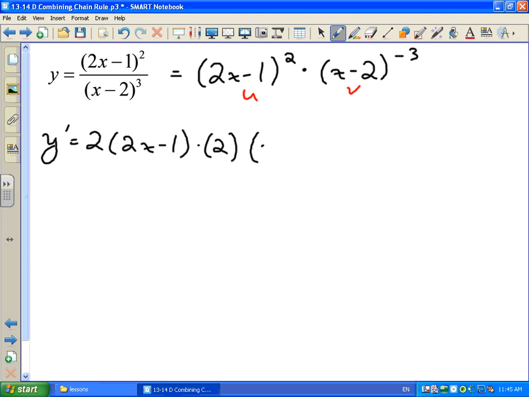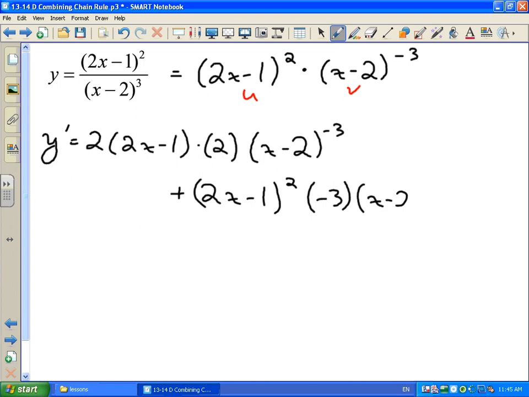And we want to multiply that by (x − 2) all to the negative 3. That's our v. To this we want to add our u, (2x − 1) squared, times the derivative of v. So we bring down the negative 3. We've got (x − 2) to the negative 4 now, and we multiply by the derivative of what's inside, which is just 1.